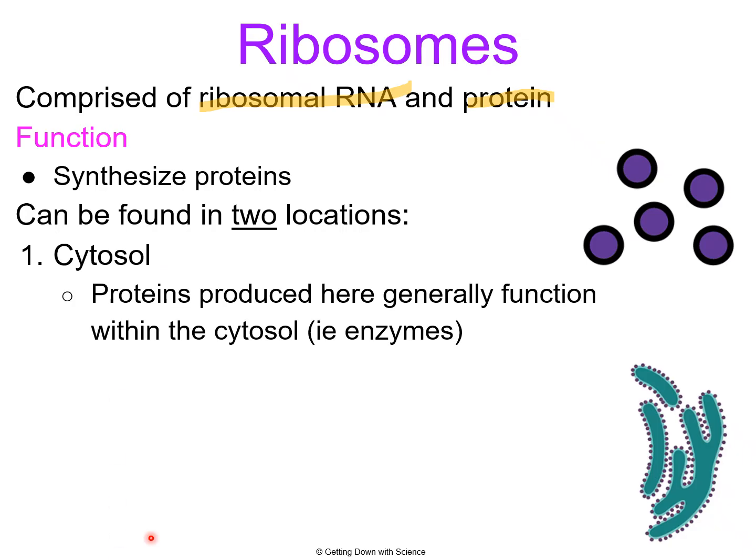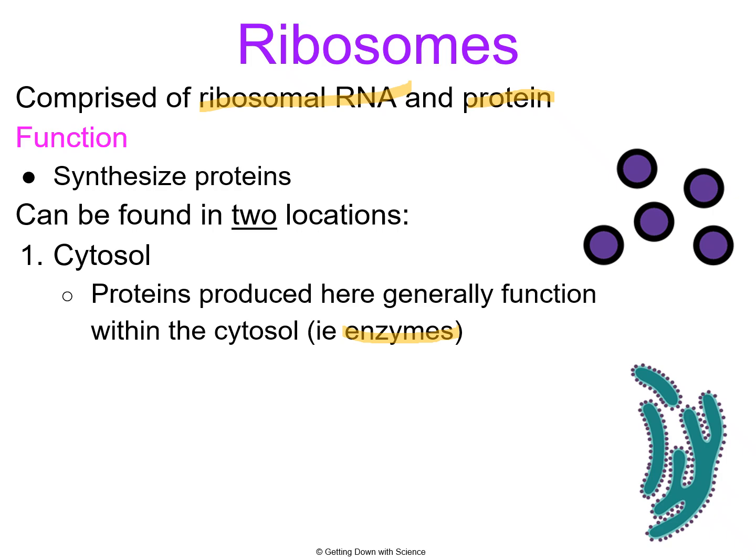Ribosomes that are found inside the cytoplasm produce proteins that serve functions inside said cytoplasm or cytosol. And these proteins usually, not always, but usually, are enzymes. And remember, enzymes are a type of protein.